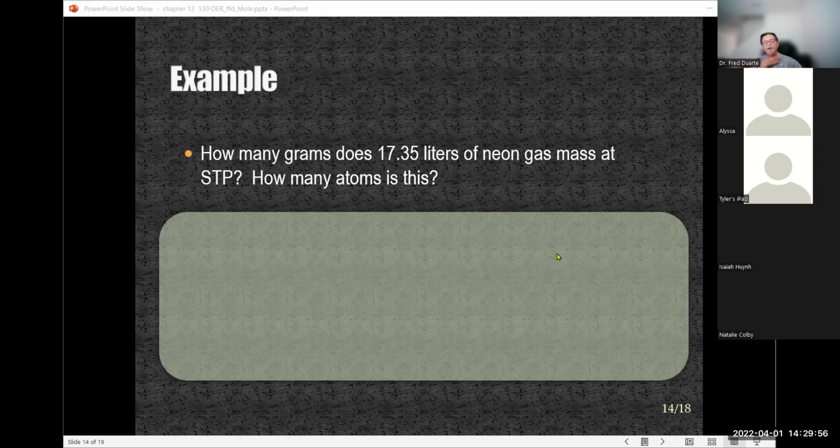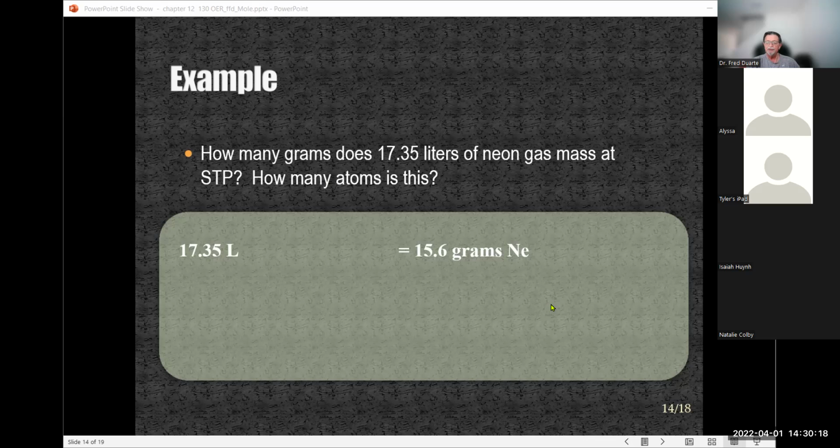Here's an example. How many grams does 17.35 liters of neon gas mass at STP? And so they ask you, I got 17.35 liters of neon gas and we're at STP, how much does it weigh is the question. And so we write down what we're given. I also wrote the answer there.